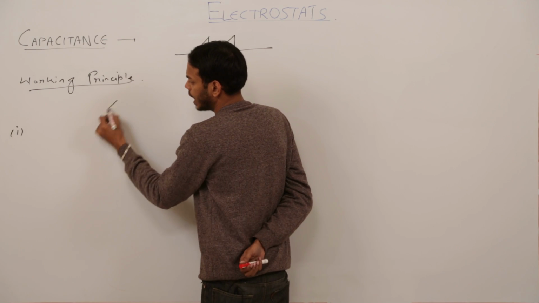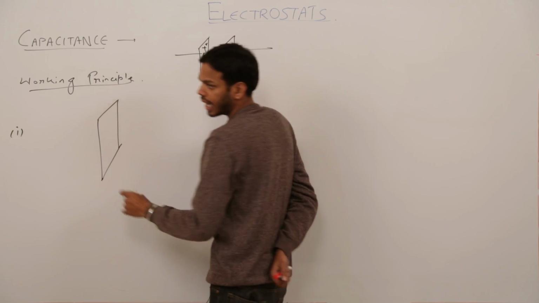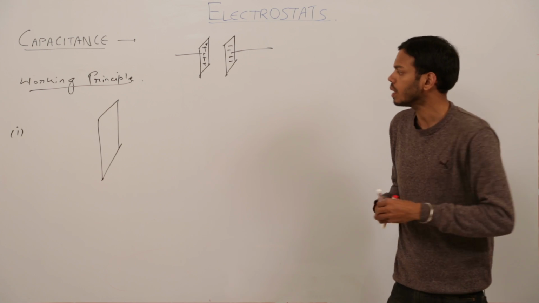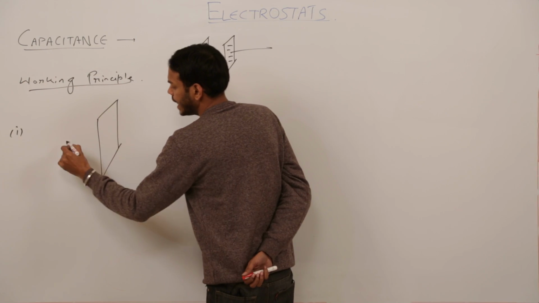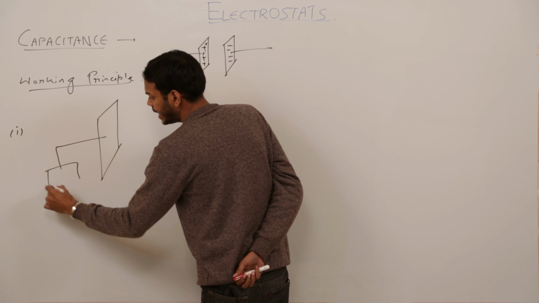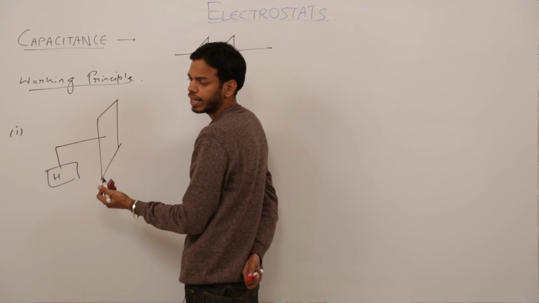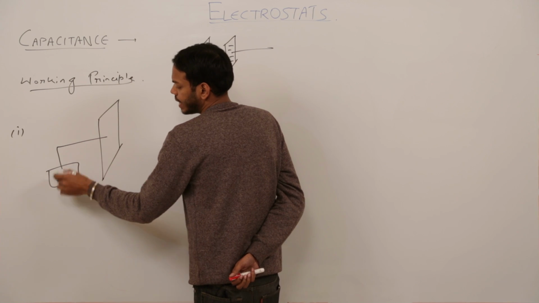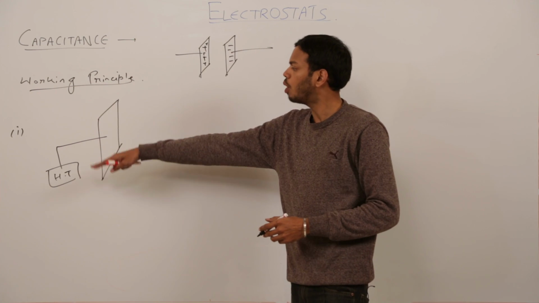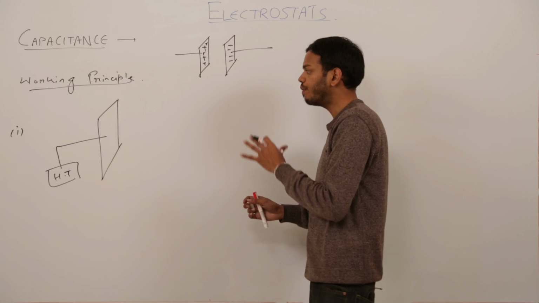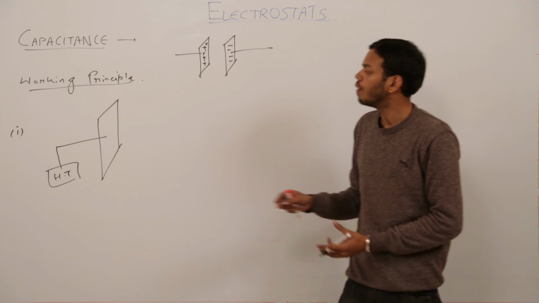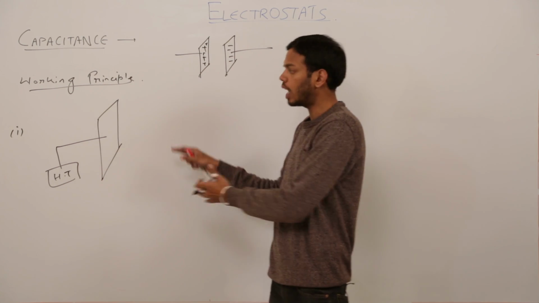First step, we take a metallic plate and we connect the plate with a high tension source or a charge provider. This provides any amount of charge to this plate, but the plate will accept only that amount which its saturation limit allows.